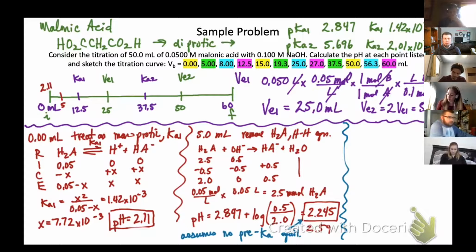Let's see what would be the Ka in which you, like, what is the stopping point for assuming no pre-equilibrium? Well, I would say there's not a hard and fast rule to this. In terms of our practical application of this, I want you to assume that you don't have to worry about the pre-equilibrium.